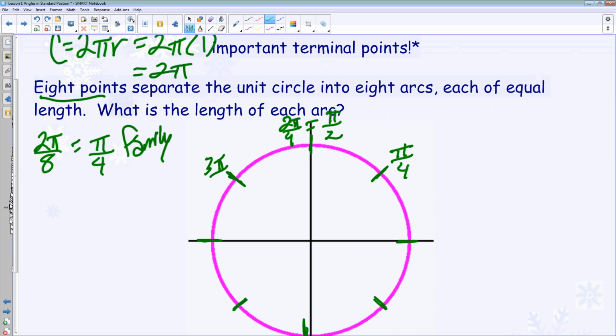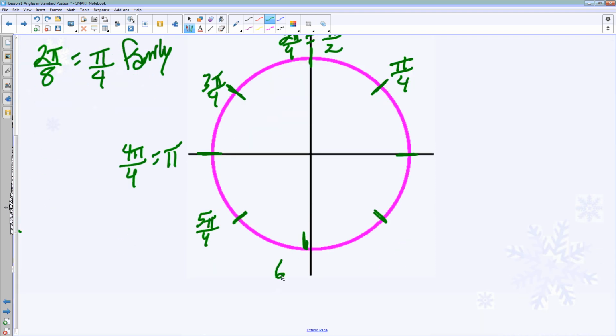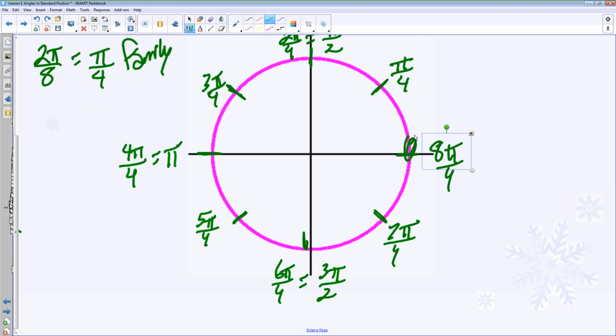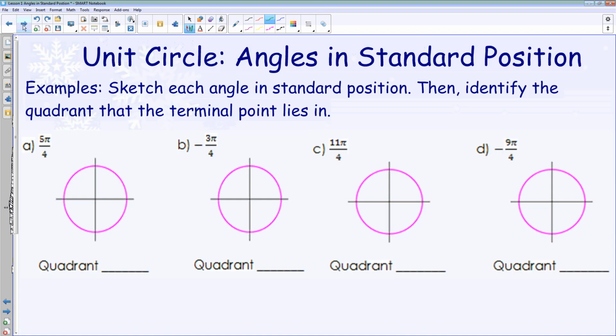Then we've got 3 pi over 4, 4 pi over 4, which is just pi, 5 pi over 4, 6 pi over 4, which is 3 pi over 2, 7 pi over 4, and then 8 pi over 4. Sorry, I should have started at 0. And then when we go full circle, it's 8 pi over 4, which is the same thing as 2 pi, so full circle.